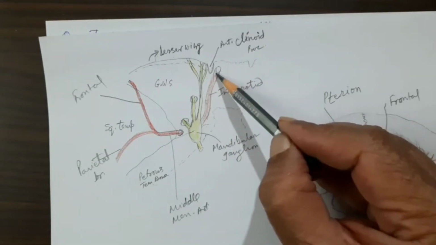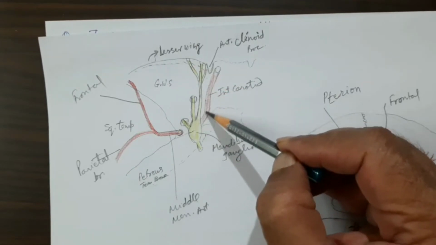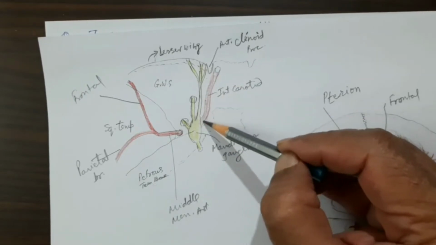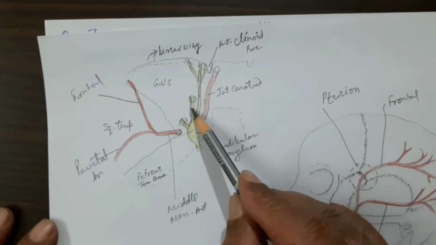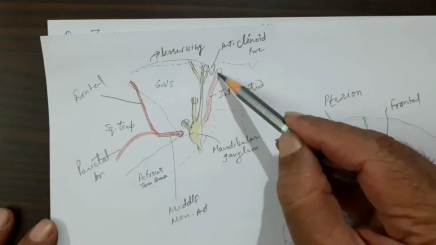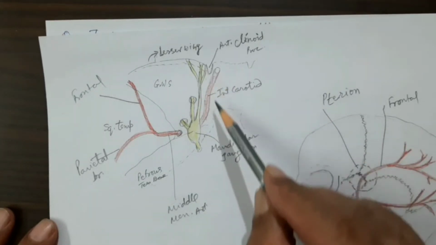This is the anterior clinoid process, and just medial to this lies the internal carotid artery, whose course is within the cavernous sinus. So are the maxillary and the ophthalmic, which are also in the lateral wall of the cavernous sinus. This is the posterior clinoid process. This was anterior.